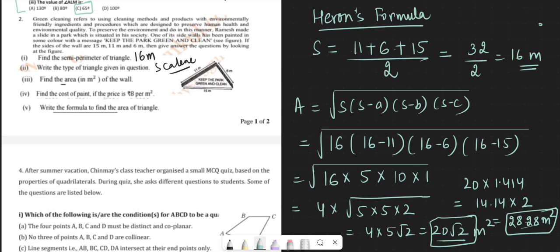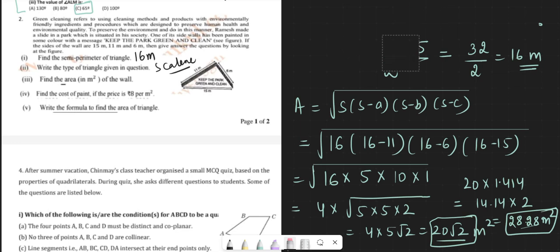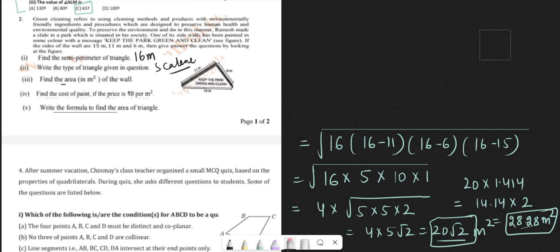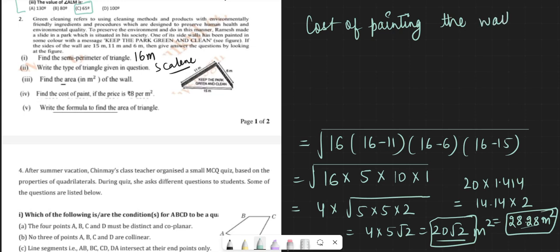Find the cost of paint if the price is 8 per square meter. So to find the cost of painting the wall, it would be the area, which is 20 root 2, multiplied by the cost per square meter, 8, which will give me 160 root 2 rupees.